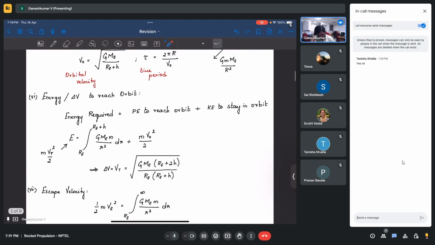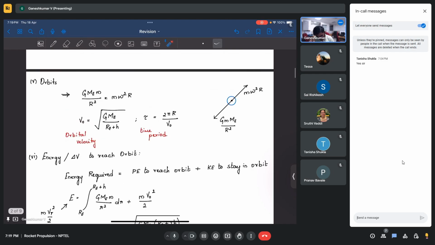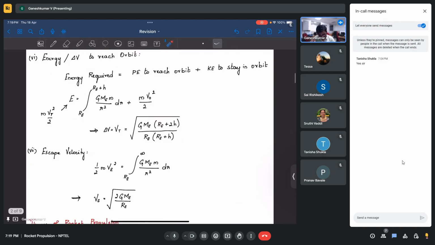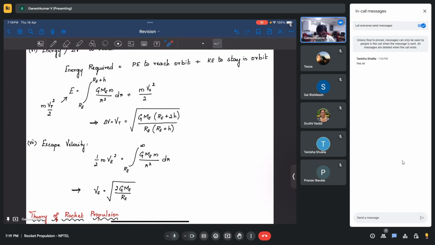Since the gravitational force depends on Re plus H, your potential energy will keep changing as you go up. That's why we do this integration from Re to Re plus H, because we have a dependence of radius square in the denominator.